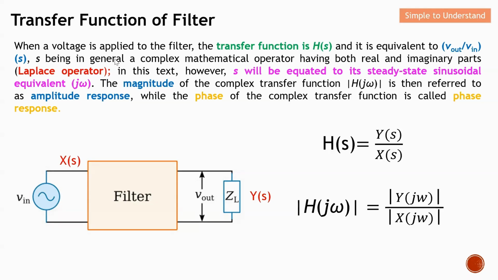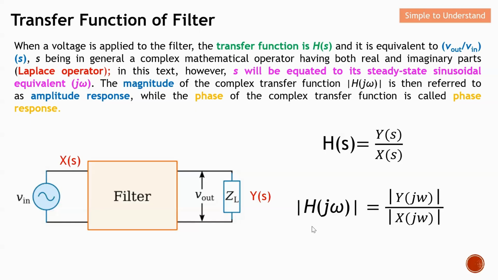S is, in general, a very complex mathematical operator. S means that it is a function of both real and imaginary parts. In short, this is known as the Laplace operator. In this text here, S will be equal to the steady state sinusoidal equivalent, jω.